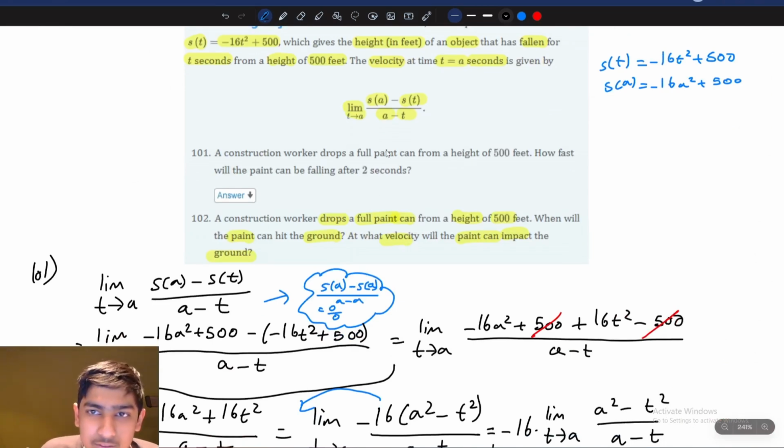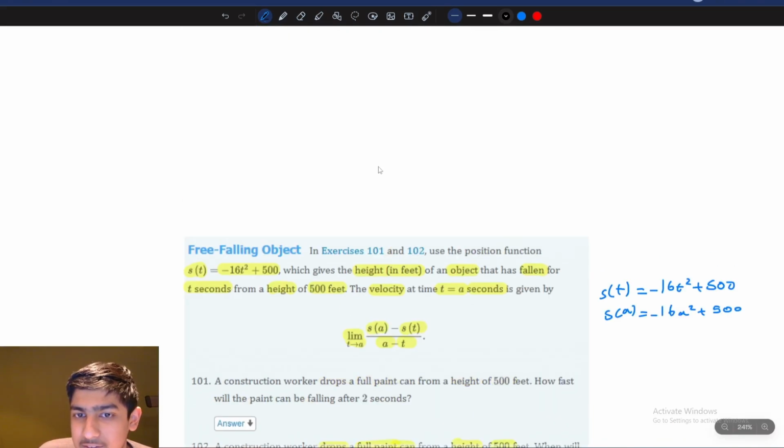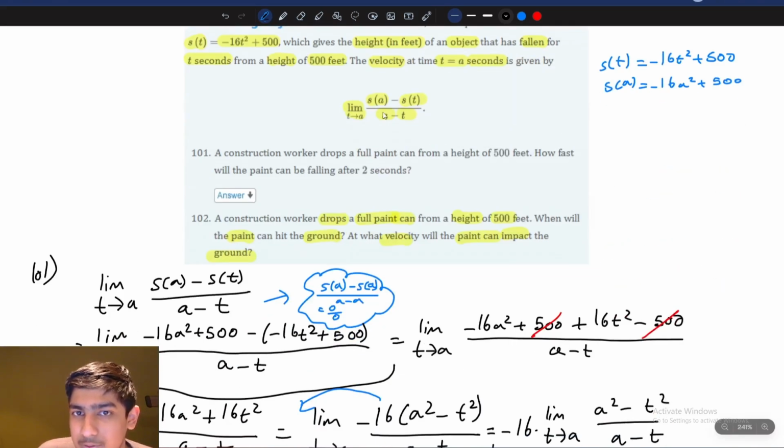But just understand that the derivative of position is velocity. You'll get more into that later, but it gives us this limit to find velocity.